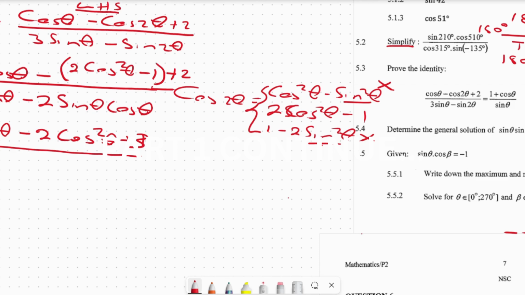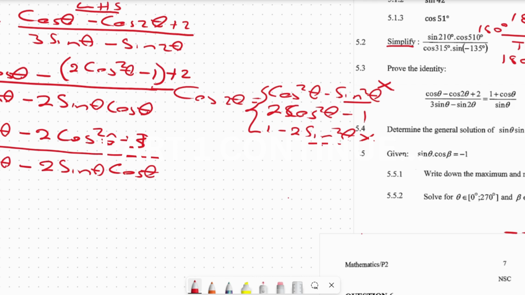Yes. So this is going to be 3 sine theta minus 2 sine theta cos theta. So this is what I will have here. So now I'll have something that looks like that. So now how can I do that?